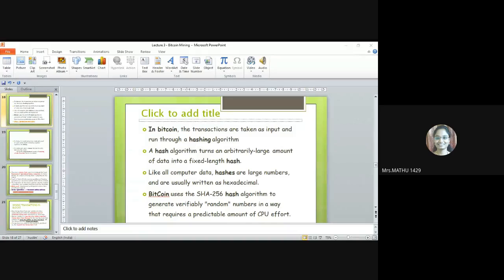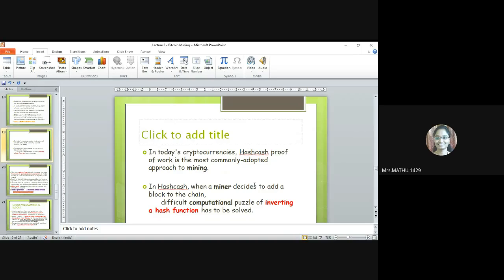Bitcoin uses the SHA-256 hash algorithm to generate the random numbers, which requires a huge amount of CPU effort. Mostly nowadays mining is done by a proof of work algorithm called Hashcash.